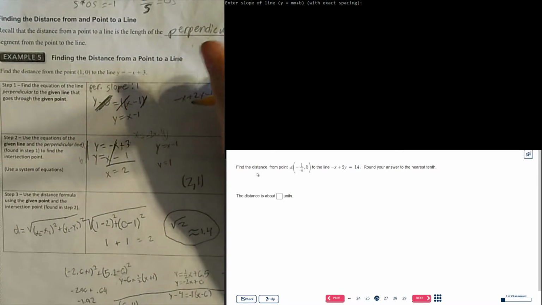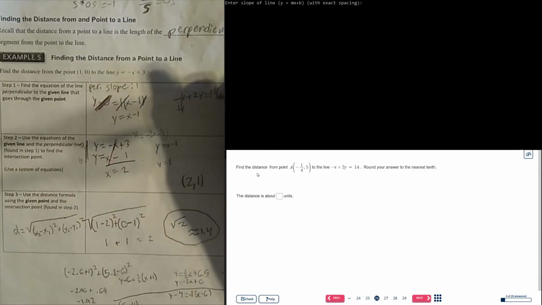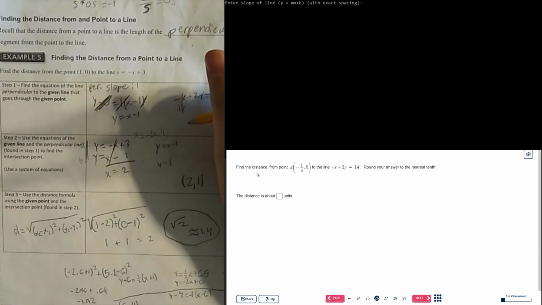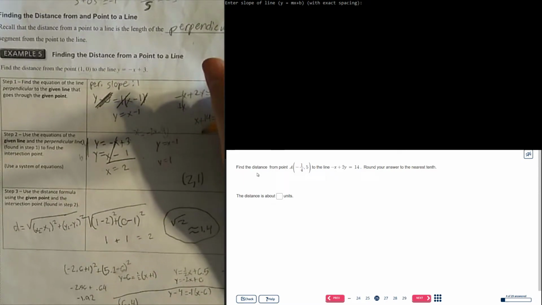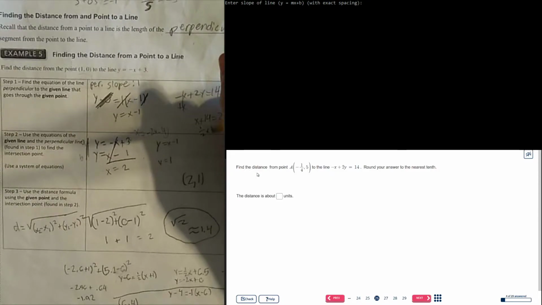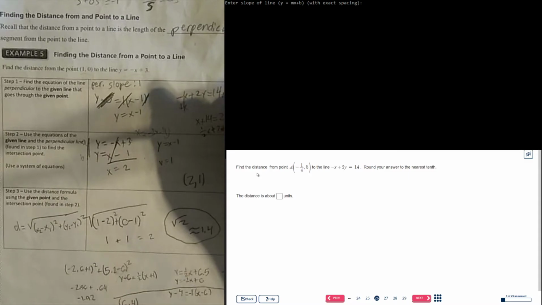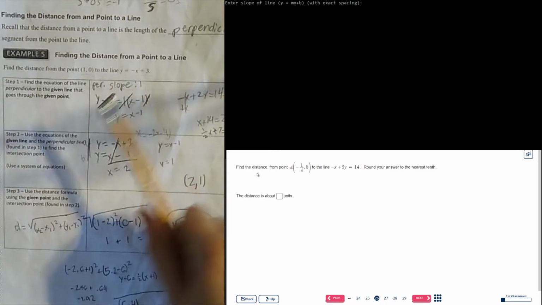I'm just going to add x here, add x here. So x plus 14 equals 2y, and then 1/2 x plus 7 is going to be our y value. So that's our equation, y equals 1/2 x plus 7.